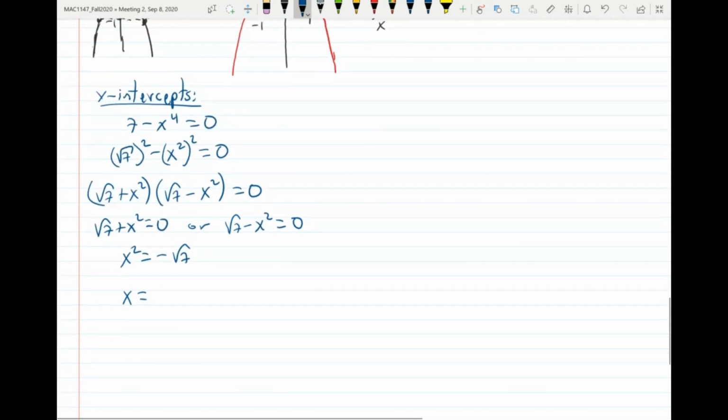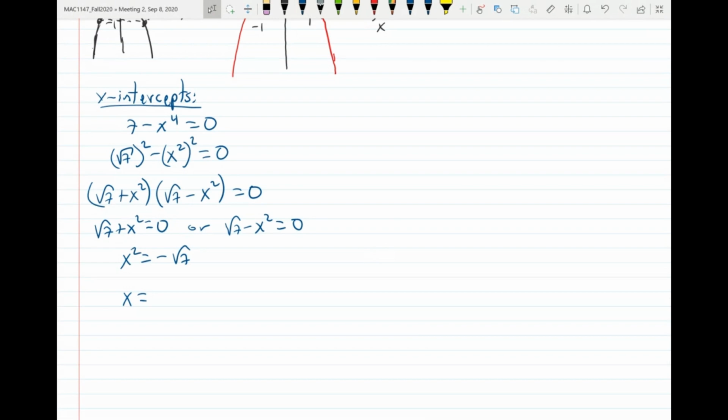Because here we're going to use the square root method. So x squared equals negative square root 7, so x is going to be plus or minus the square root of negative square root 7. As you know, this is going to be plus or minus the square root of square root 7 times i, so put an i outside.